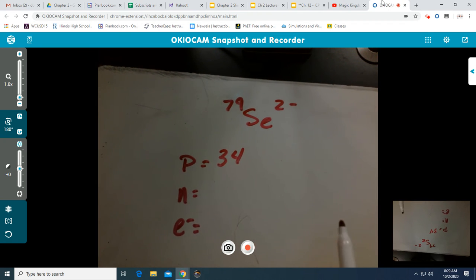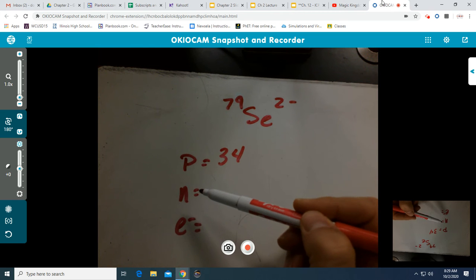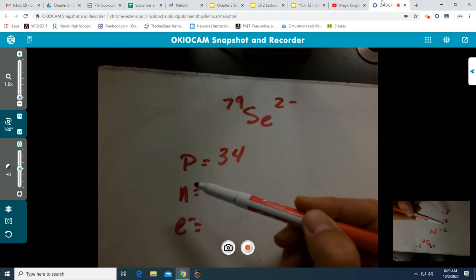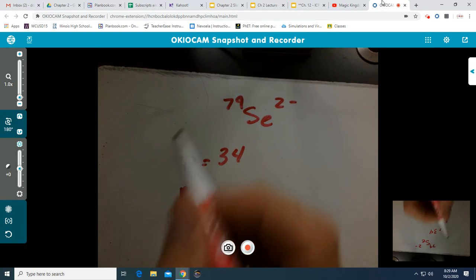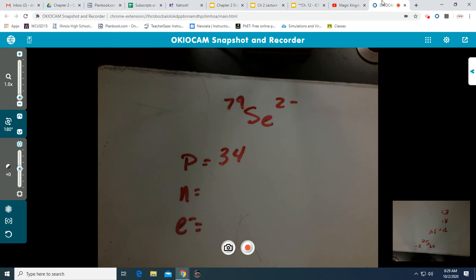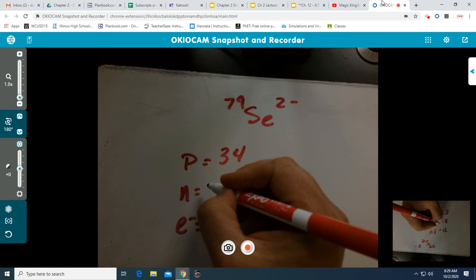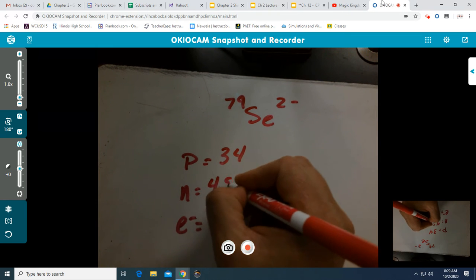Okay. And so how do I find the number of neutrons again? Very good. 79 minus 34. You get how many? 45. Thank you. I couldn't read my handwriting in my notebook.